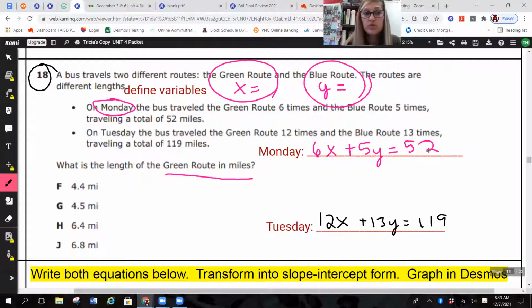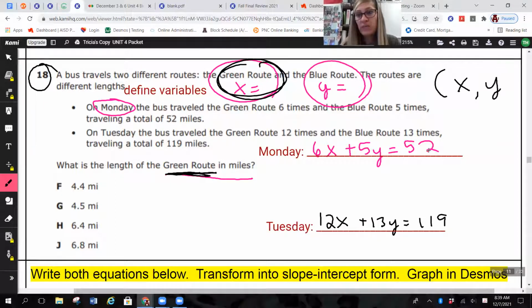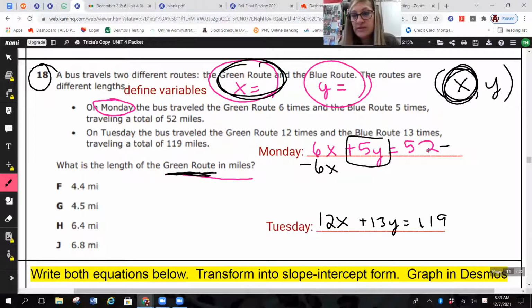So that means we need to find the solution and only care about the green route, which is x. So we're going to find the solution, and then we're going to circle and point out the x. Now, with that being said, I need to transform both of these so I can graph them in Desmos. Here we go. We're a robot. Box the y. Move the x. Divide, divide, divide.